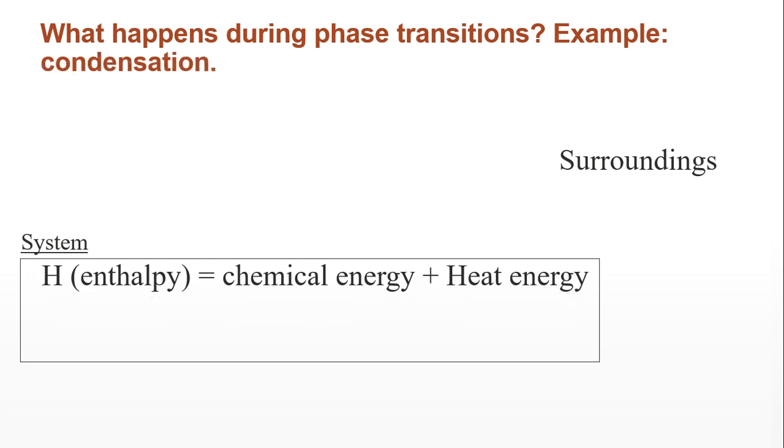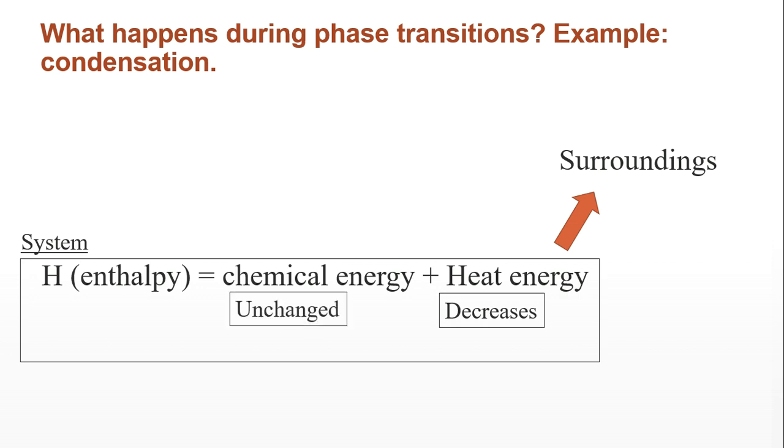If we think about condensation, during a condensation process, well, then we will have surroundings that are cooler than the system, pulling energy out of the system, heat energy. That means that the heat energy will be decreased. If we think about water vapor condensing, it will cool down until that step where it turns into a liquid.